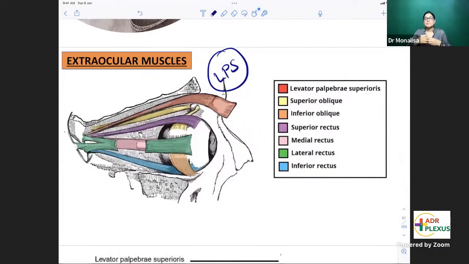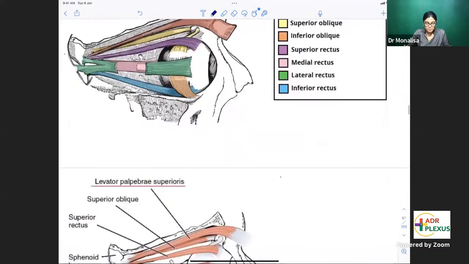The skeletal muscle fibers get innervation from the third cranial nerve, and the smooth muscle fibers get innervation from sympathetic fibers. So in case of injury of the third cranial nerve, there will be partial ptosis, drooping of the upper eyelid, because the smooth muscle fibers of LPS are still working.